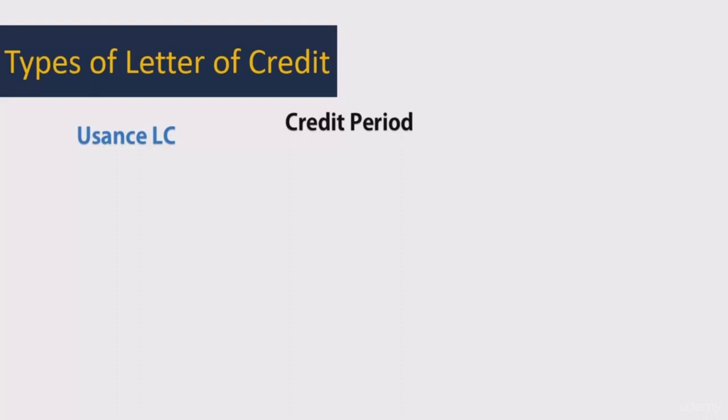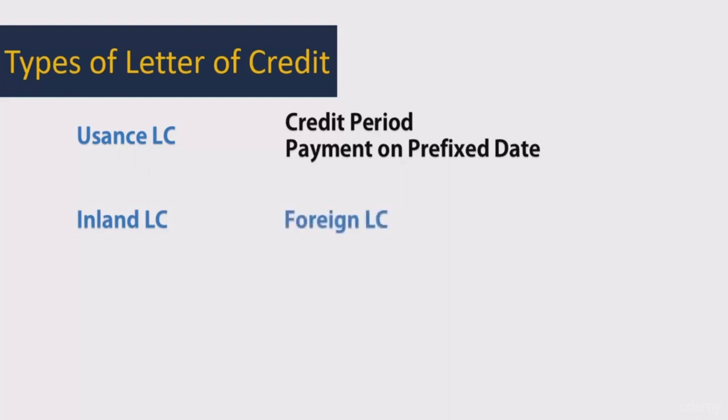So the credit period is offered by the seller, and payment is going to happen on a prefixed date. Then we also have two other kinds of LCs, inland LCs and foreign LCs. That's based on geography. LCs issued within the country we call inland, and LCs used in import-export transactions we call foreign LC.